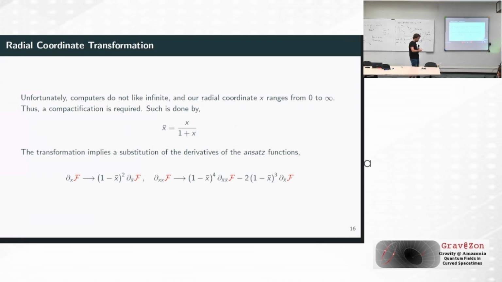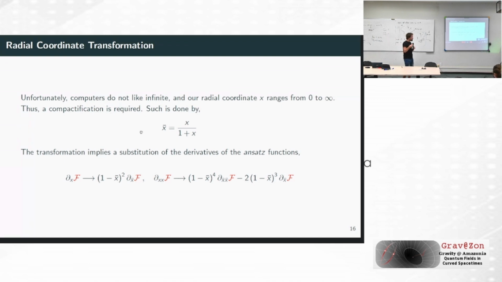Now, you have the metric, you have the equations of motion, and you have the boundary conditions. One problem we still have to solve is that the radial coordinate we're using so far goes from 0 to infinity. But usually computers don't like infinity. It's quite tricky to deal with infinity. So one thing you can do is introduce a new radial coordinate, which is a compactification of the previous one.